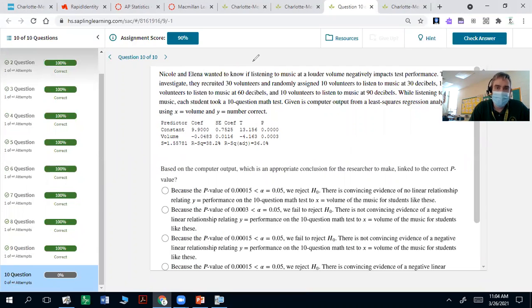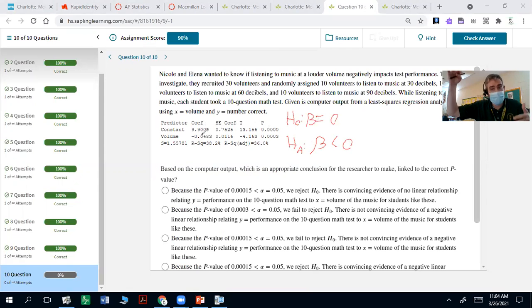If I were to do a null hypothesis, I would just say, hey, there's no relationship. So the null would just be the slope is 0. And then since my sample slope was negative, my alternative would just be slope is less than 0, right? That's typically how that works.